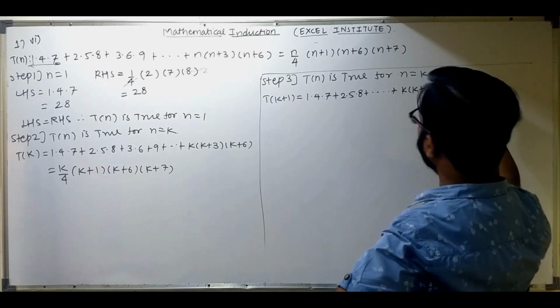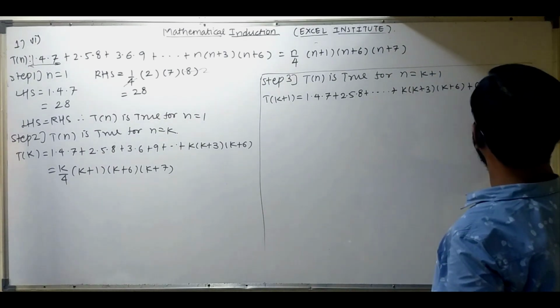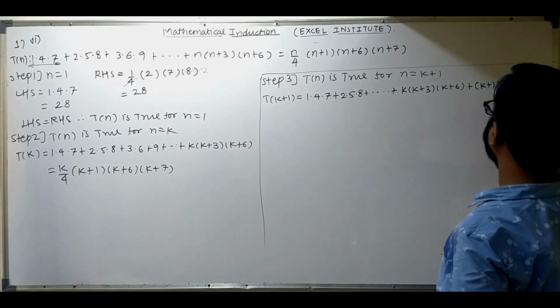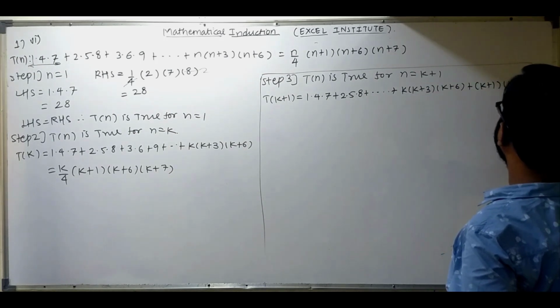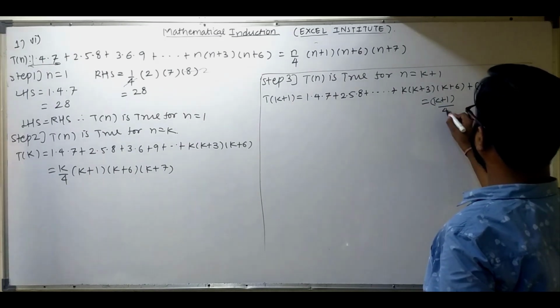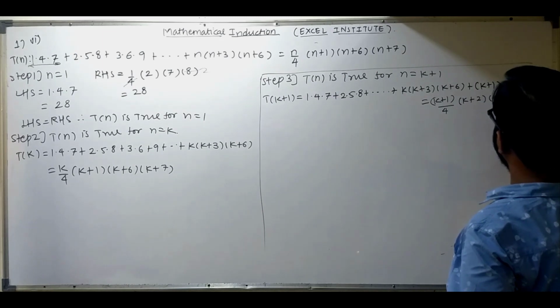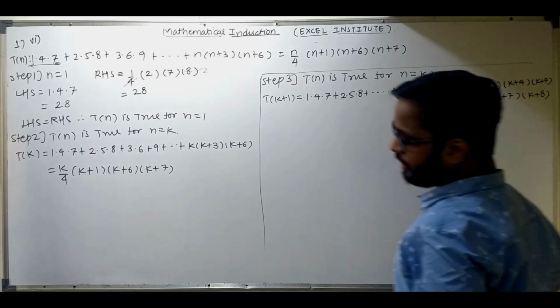This is still the kth term. The k plus 1 term will be k plus 1, k plus 4, k plus 7, and the right side is k plus 1 by 4 into k plus 2, k plus 7, and k plus 8. Now we have to prove this.